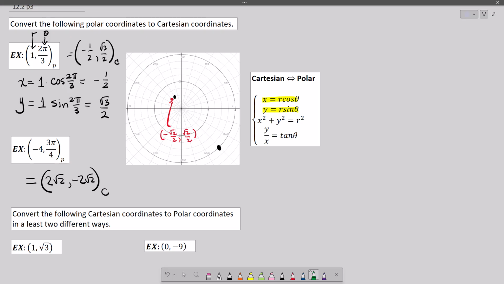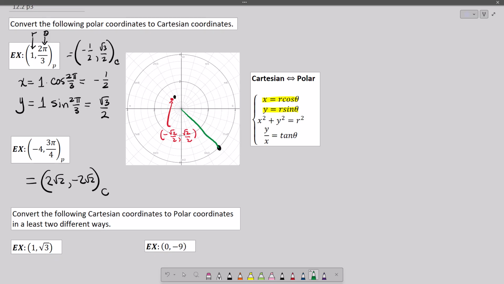I'm going to go down this way because we have a -r value. So we're trying to get to that point right there. If you take the unit circle point and multiply it by a scalar, it's going to pull you to the right place. So like if we take that point right there and just multiply it by -4, it's going to give us that point down there.